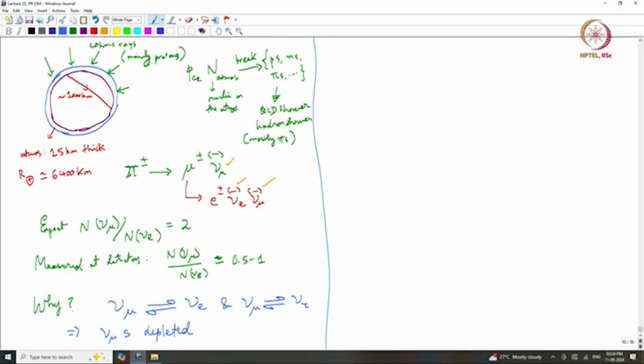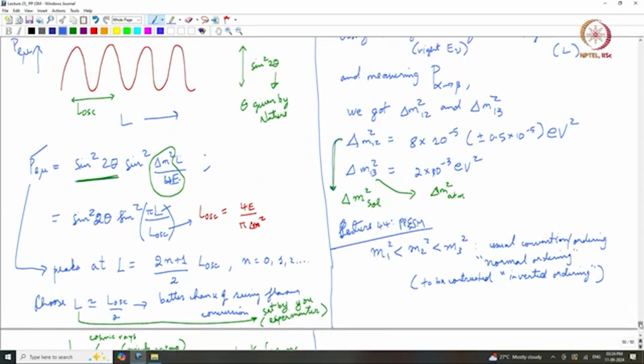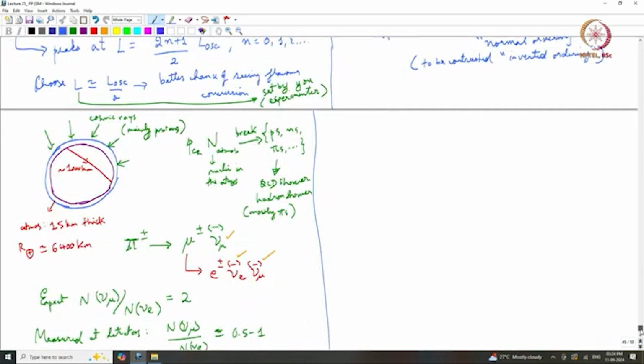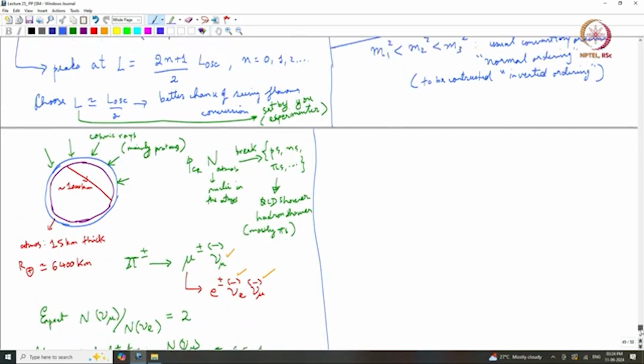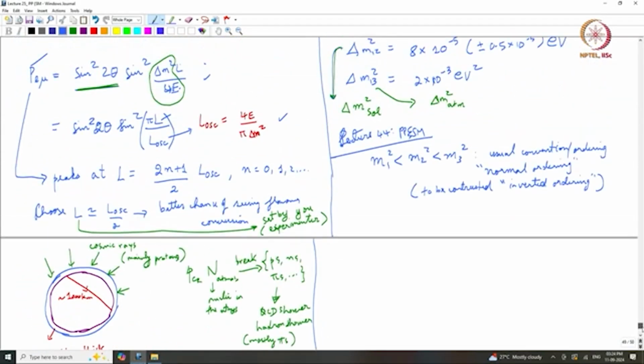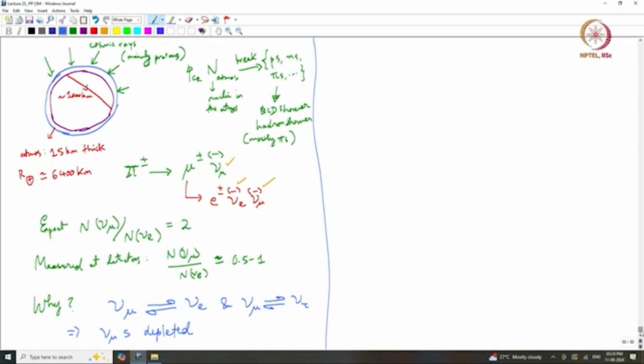Now, let us work out what would be a good oscillation length to measure this conversion. So we go back to this equation, and we can ask a reverse question.